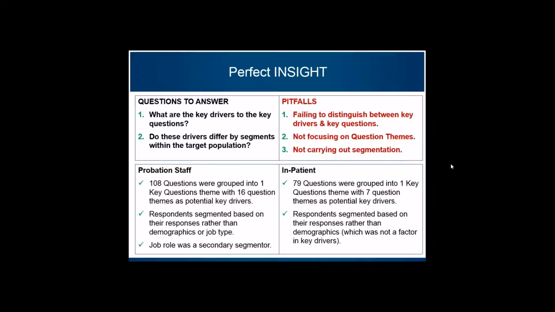So when you get that case, what I like to do is to split the questions into themes, as I've done in both case studies here, and then within each theme, create segments of responses. So you generally find, let's say, a question theme about doctors and nurses, there might be 6 questions.